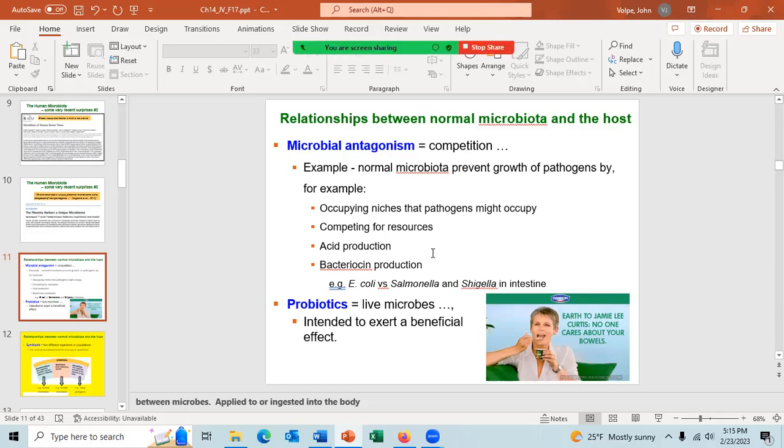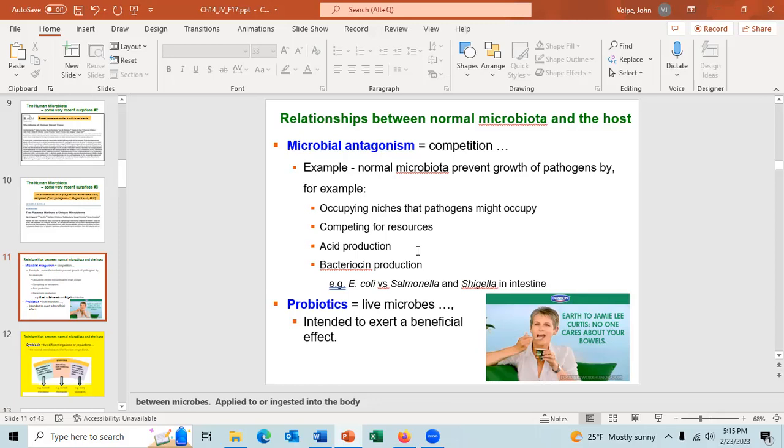The normal microbiota can produce acids, both in the urethra and on the skin. Part of the acid in those environments, meaning the skin is slightly acidic, so is the urethra. And that's largely due, not entirely, but largely due to the normal microbiota making it more acidic.